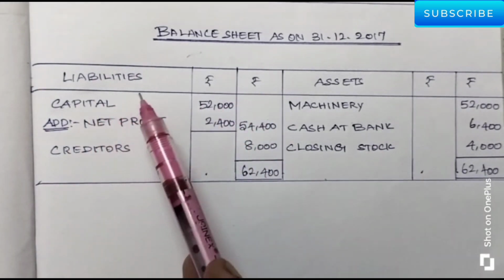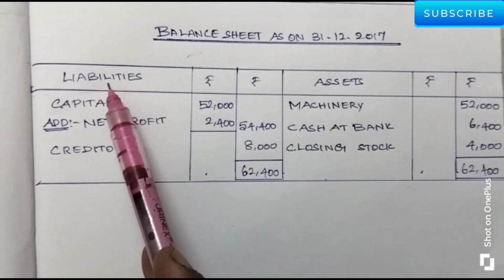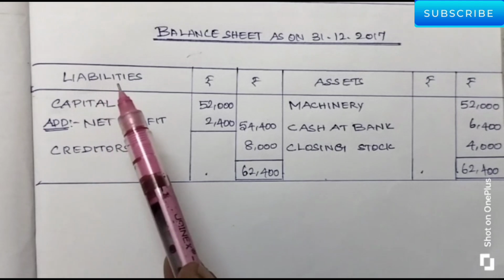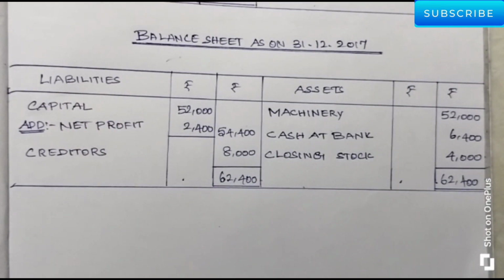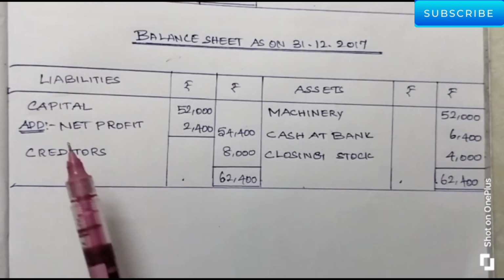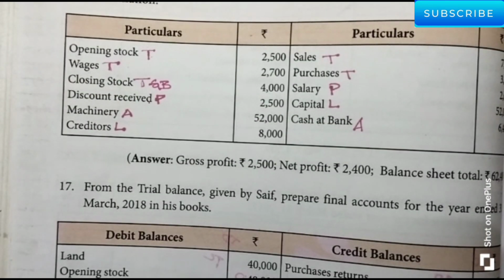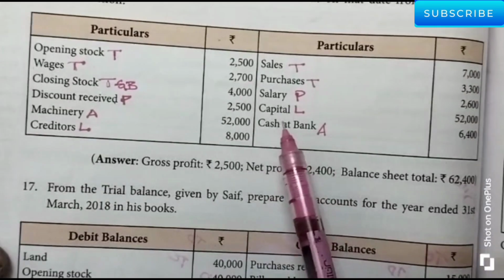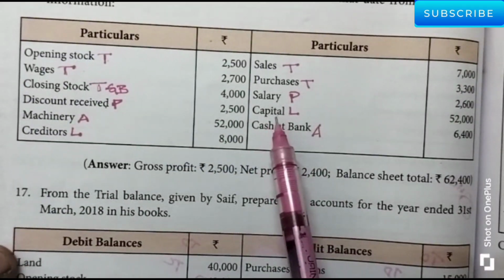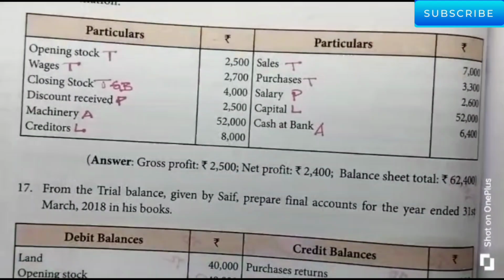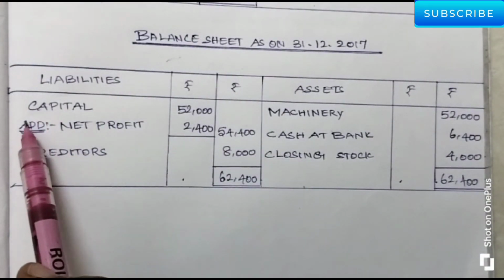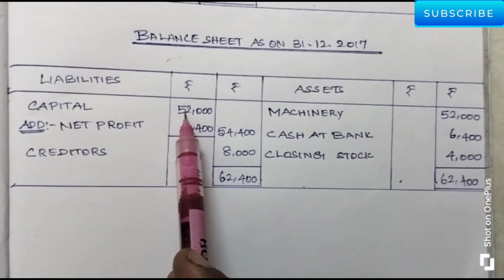Now we are going to prepare the liability side first. As per the format of the balance sheet, first we take the liability side. On the liability side, we always start with the capital. Capital rupees 52,000. So you have to enter capital 52,000 in the inner amount column.